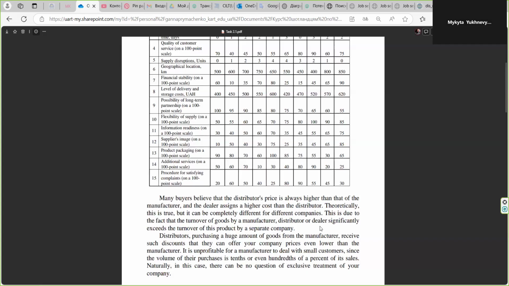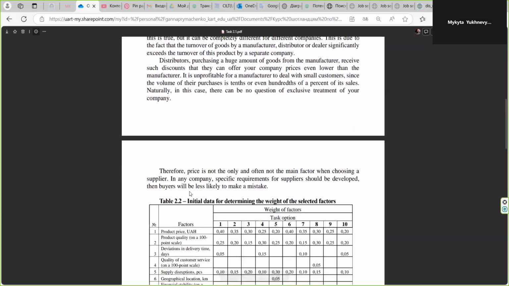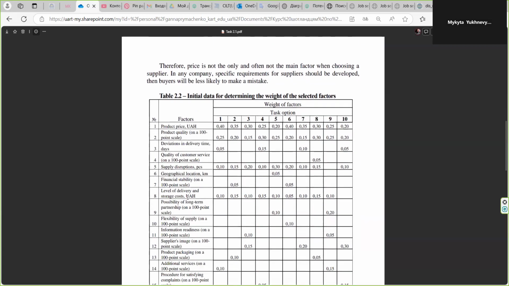Now we discuss transportation in a simple, usual form, such as when we change the company delivering our products. Therefore, price is not the only and often not the main factor when choosing a supplier. In any company, specific requirements for suppliers should be developed, so buyers are less likely to make a mistake.